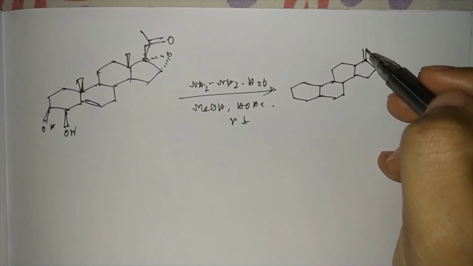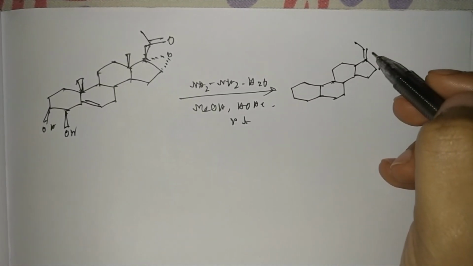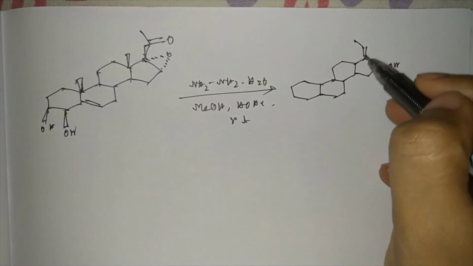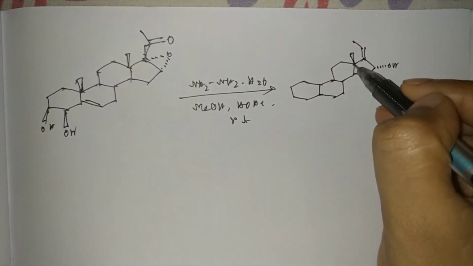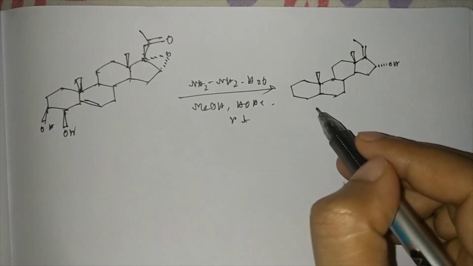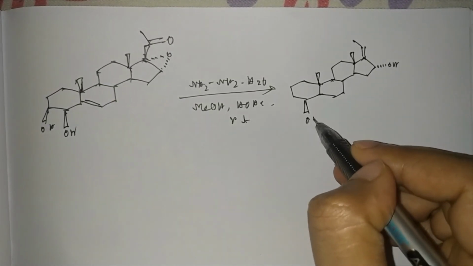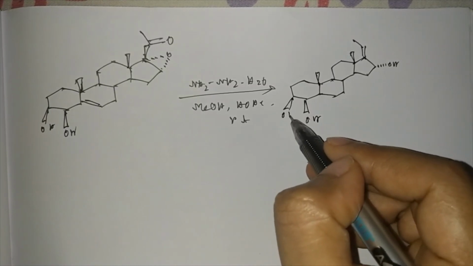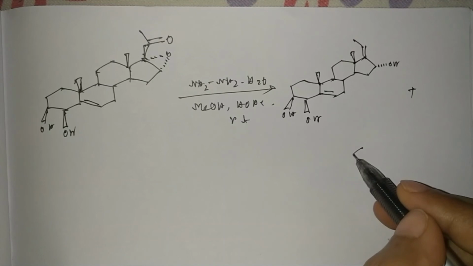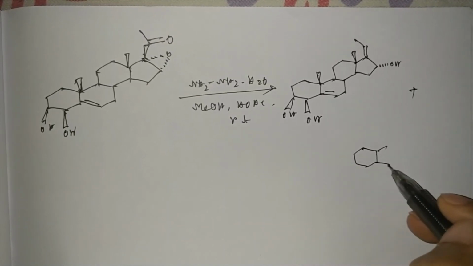Now the methyl group may be on this side, and also another product will be formed where the methyl group will be on this side. So we'll draw the structure of that also. And now we have to determine between these two products which one is the major product. Plus another product is like this.